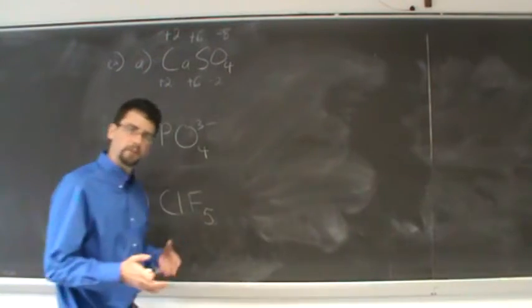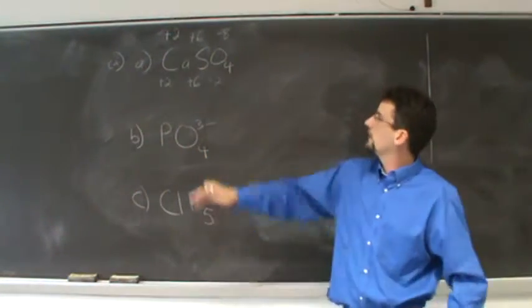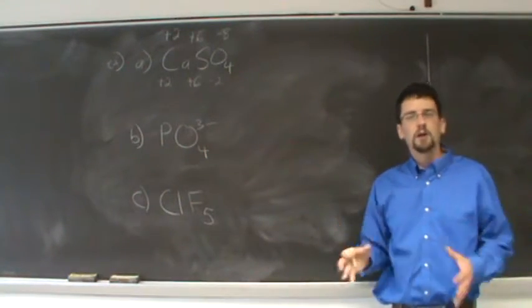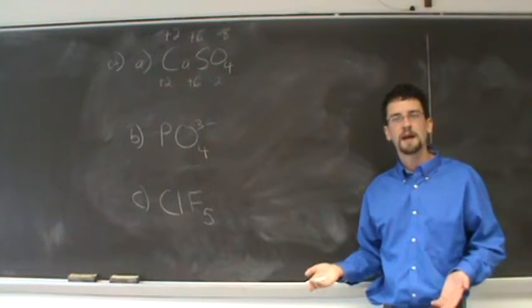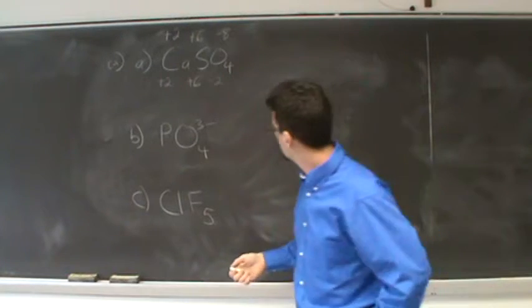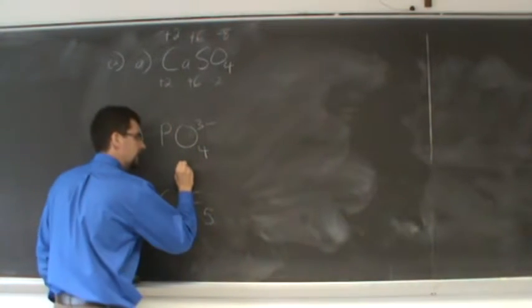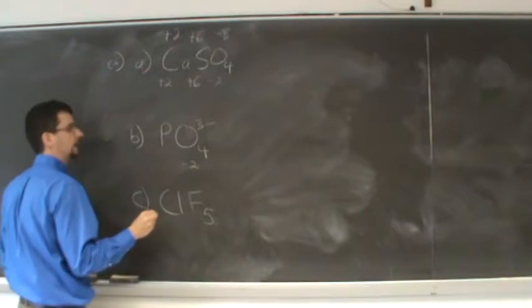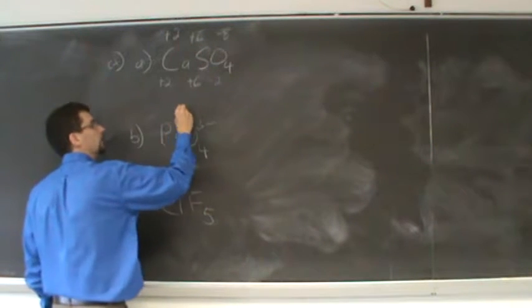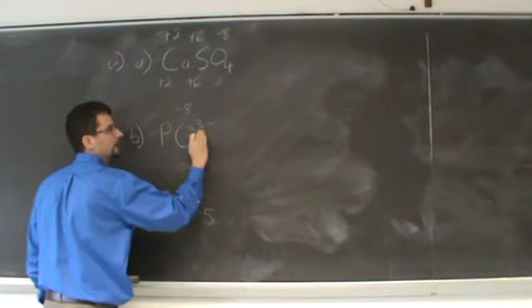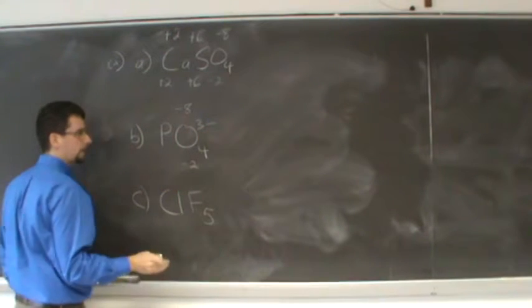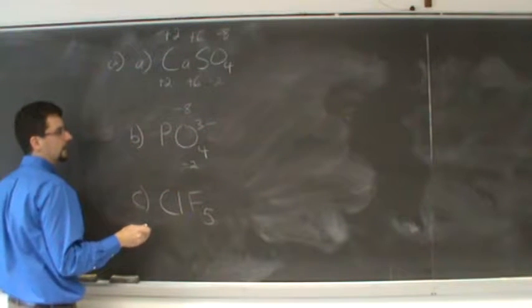What about a system where we have a total charge? In that last one in A, all of the charges balanced out. In the case of B, we have an anion, the phosphate anion. How does that work out? Well, we have a -2 charge for each of our oxygens. Overall, that's going to again be a -8. Now, we have a charge on our compound here, at least on our anion.